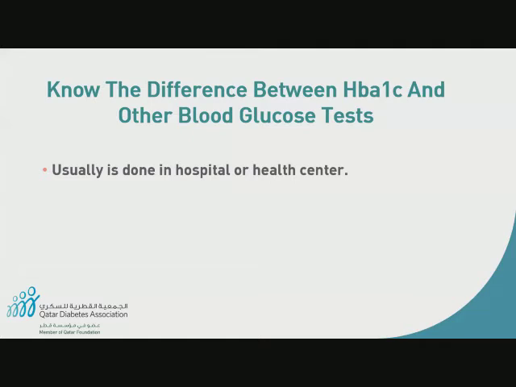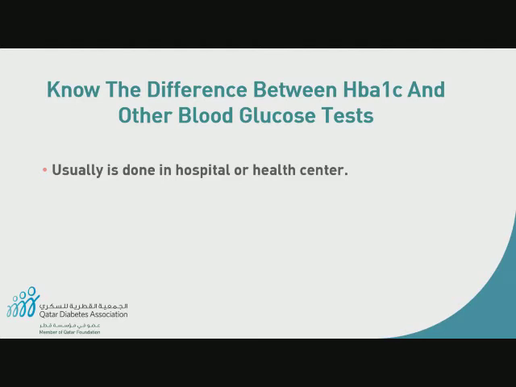So usually when your doctor calls you up and then you go to the health center or the hospital, and then the doctor draws some blood for some investigations, usually part of those investigations there is an HbA1c test done. Okay, it's not usually done at home, although some new manufacturers are doing some HbA1c machines that you can test at home, but till now internationally it's used.